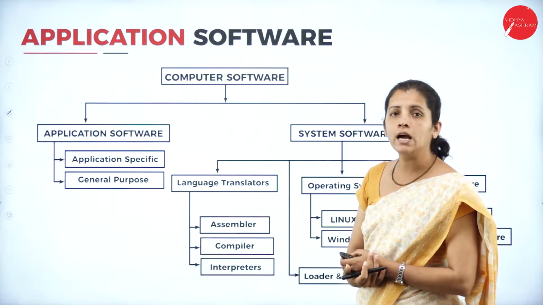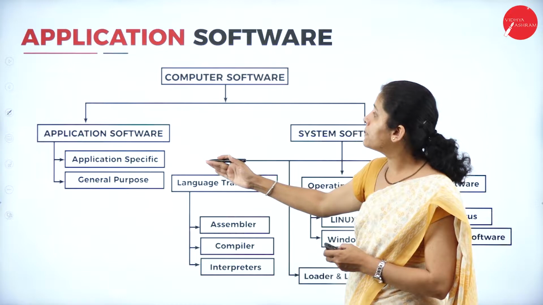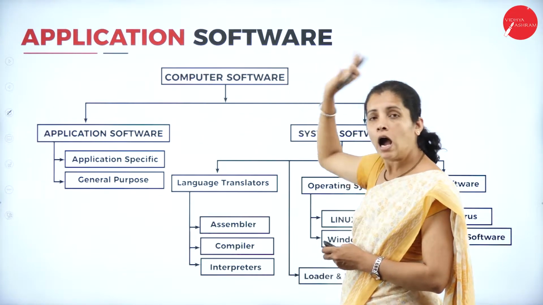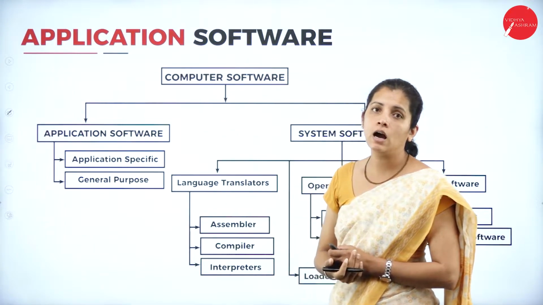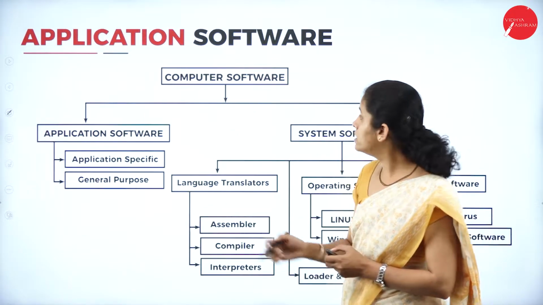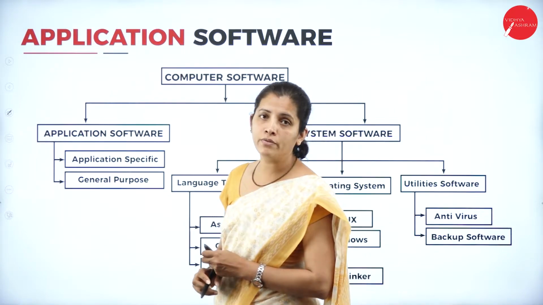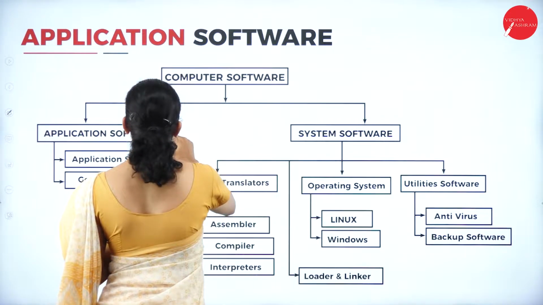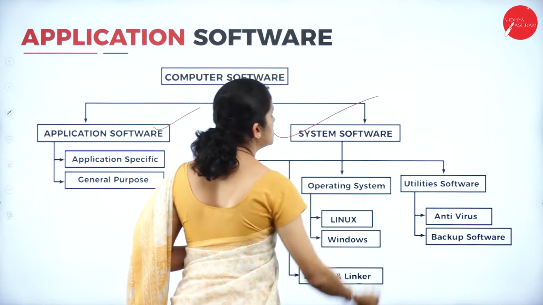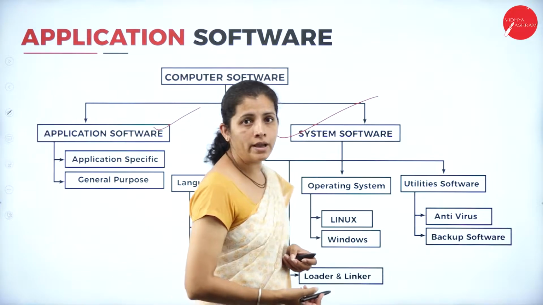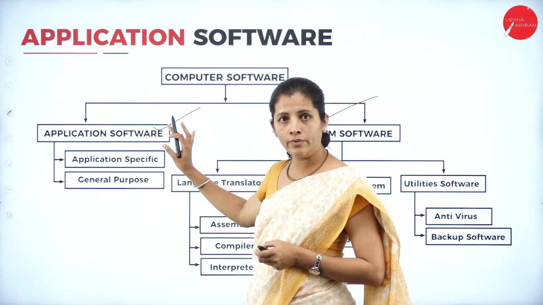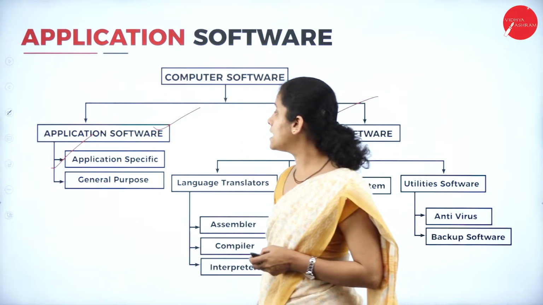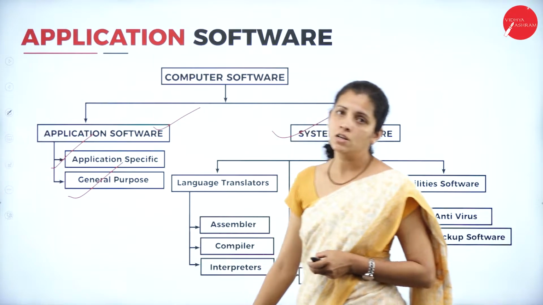Now, dear student, I'm going to have the table representation, that is, how these computer softwares are classified. So here, if I consider computer software, mainly it is classified into two types, that is application software and system software. And if I consider application software, further it is classified into application specific as well as general purpose software.